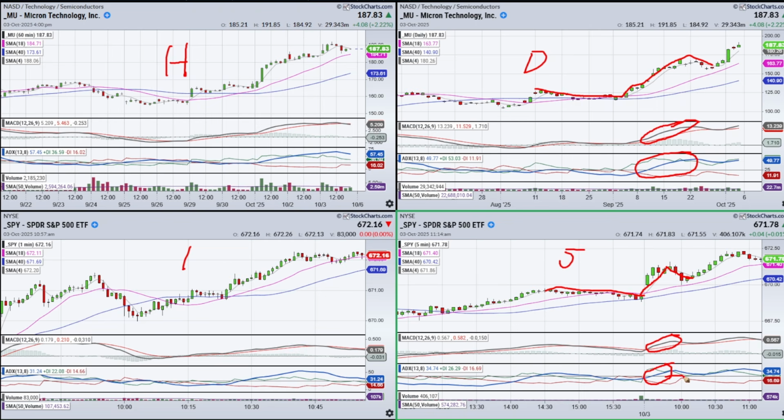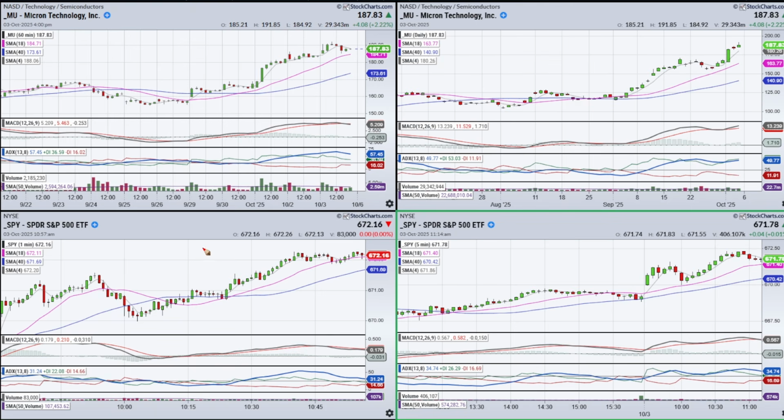And in fact, on both, the pullback stayed above the 25 line. So in terms of generally looking at what is taking place here, I think there's a lot of similarities when we look at this 5-minute chart in the SPY and this daily chart on Micron.